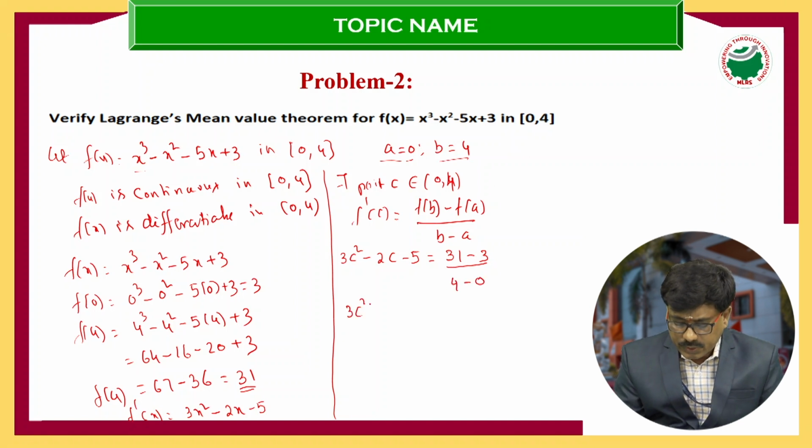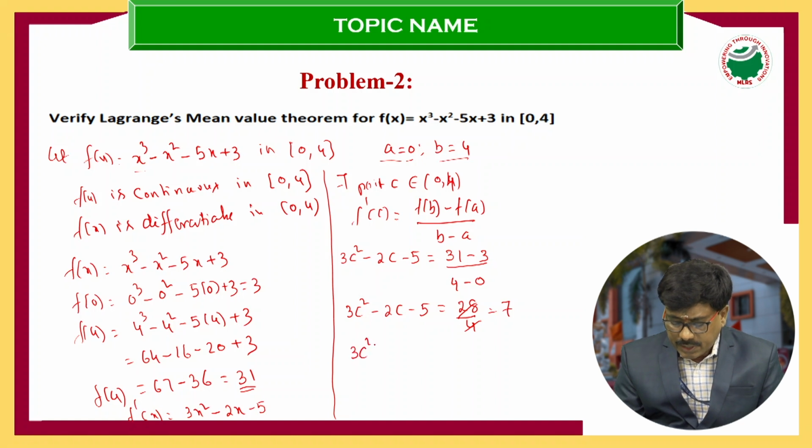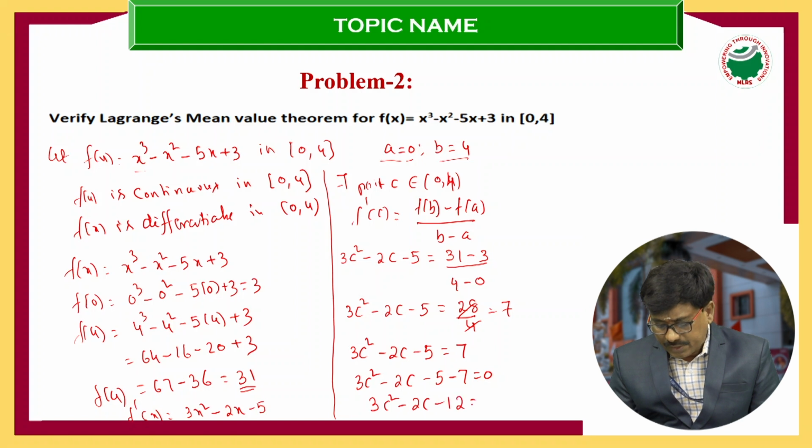Therefore, 3c square minus 2c minus 5 equals 28 divided by 4. If we cancel, this becomes 7. Therefore, 3c square minus 2c minus 5 minus 7 equals 0, so 3c square minus 2c minus 12 equals 0.